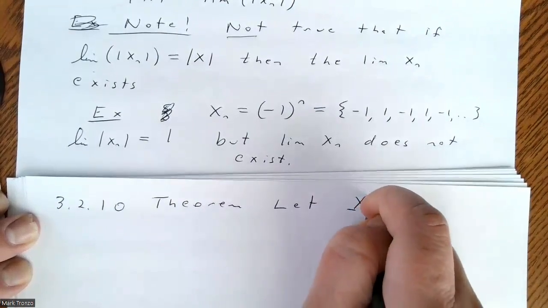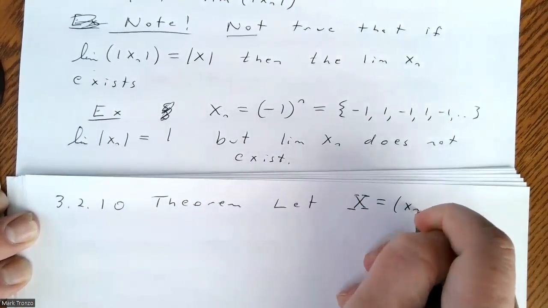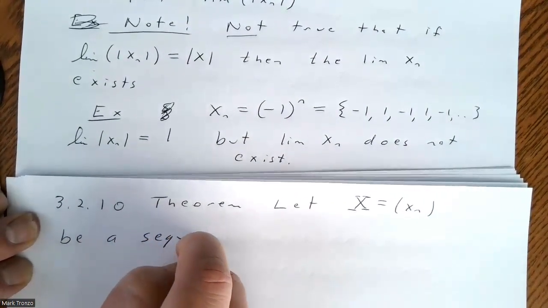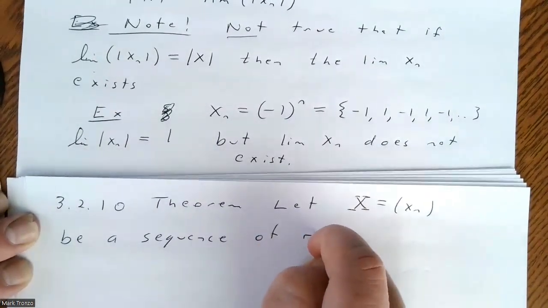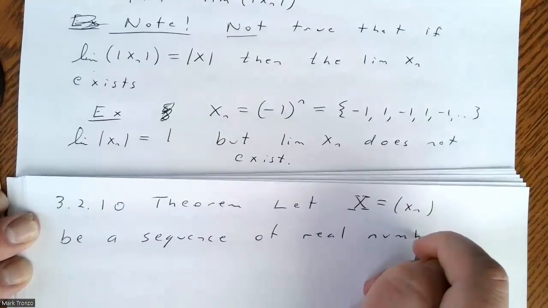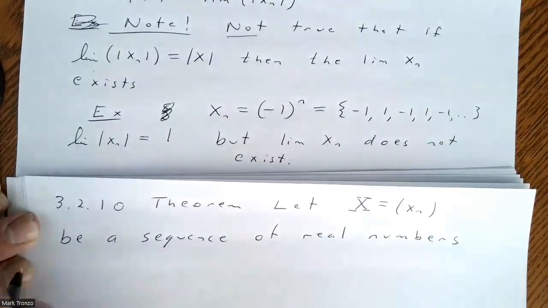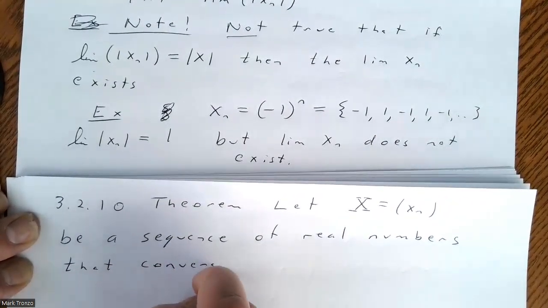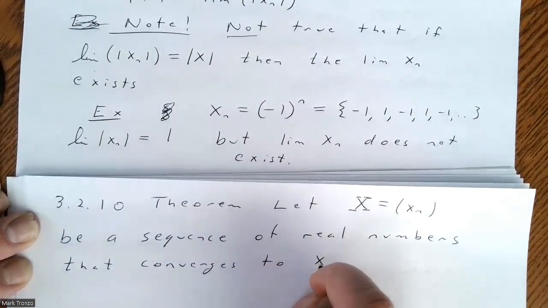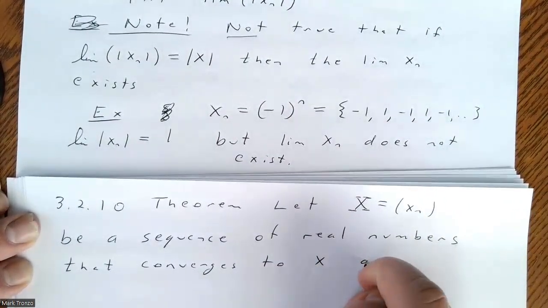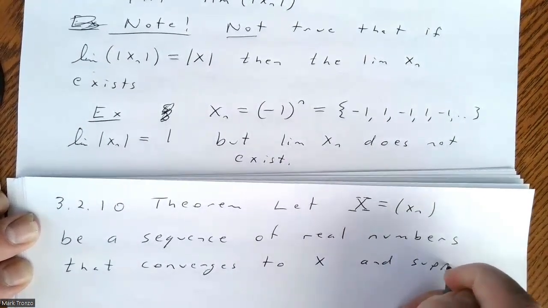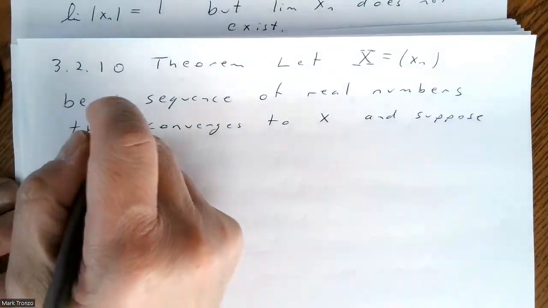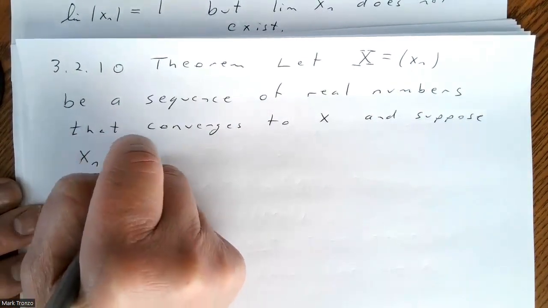Let Xn be a sequence of real numbers that converges to X, and suppose that you have all positive terms.